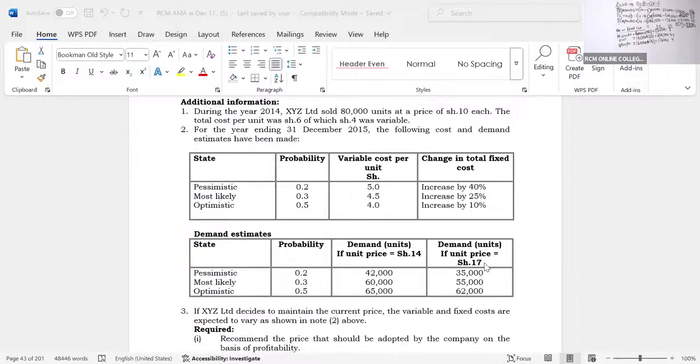So for 17, how much are we getting? 500,450 shillings. All of them just finished.